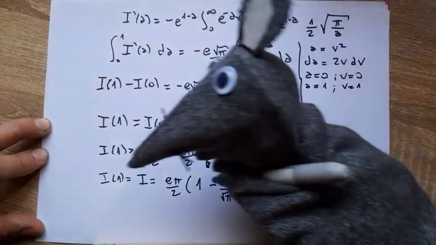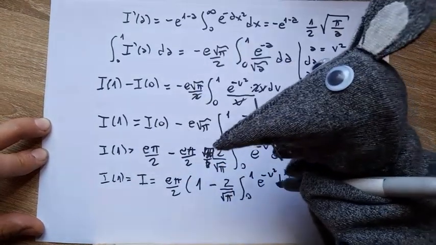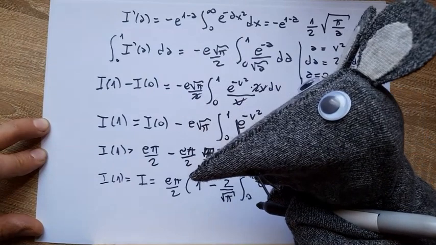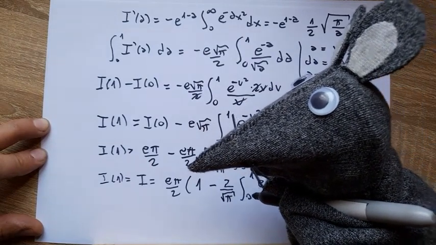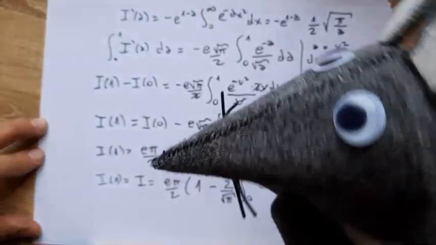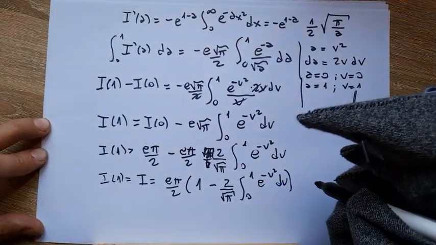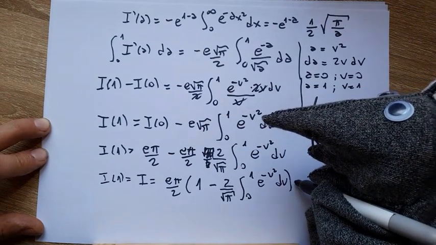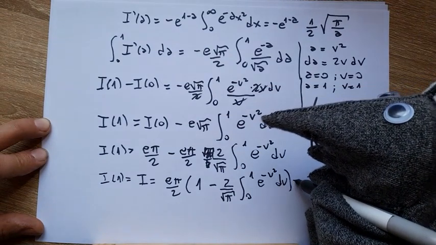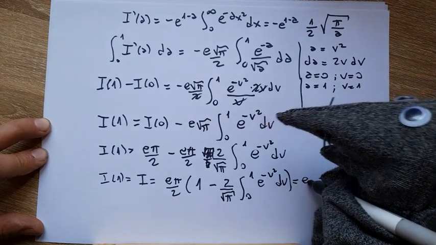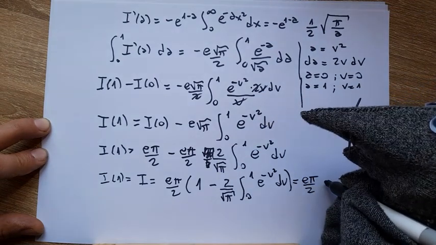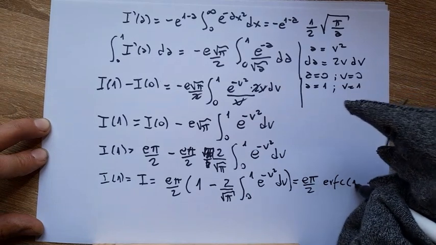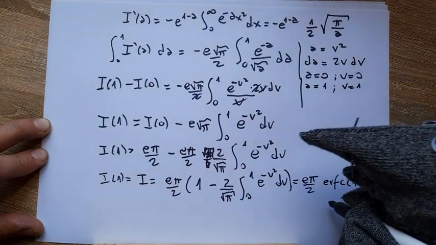This here is the definition of the complementary error function evaluated at 1. So this is finally e pi over 2 times the complementary error function of 1. And this is the answer.